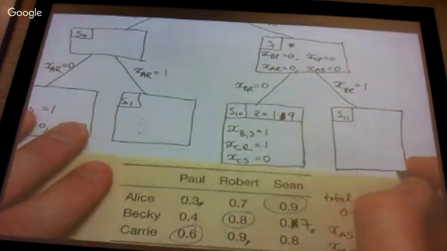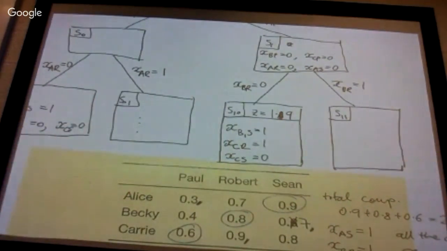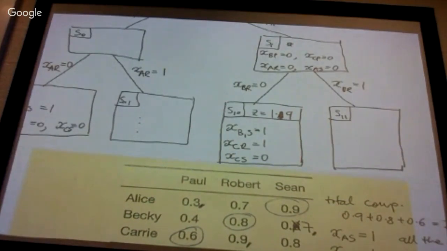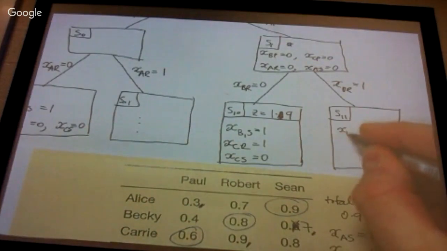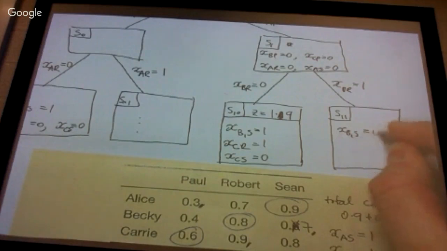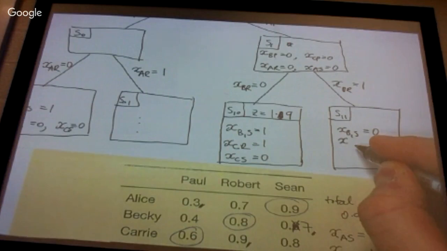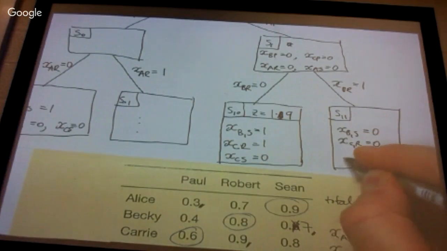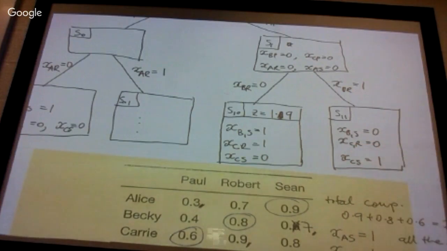Okay, so in the second case, we're supposed to get what? XBS now has to be 0 and XCR has to be 0 and XCS has to be 1. So in this case, what do we have?